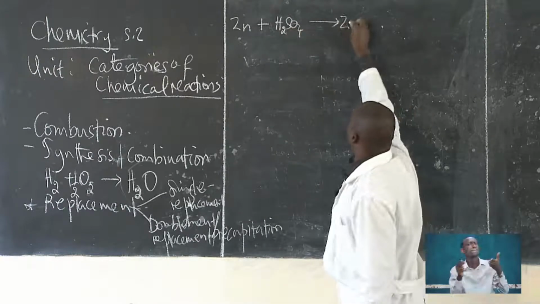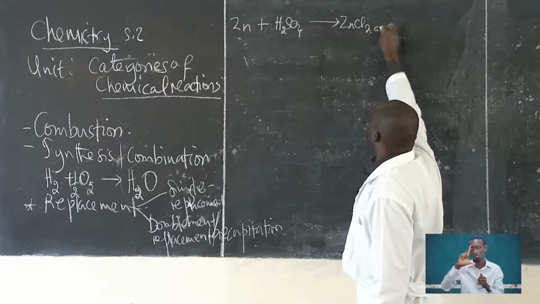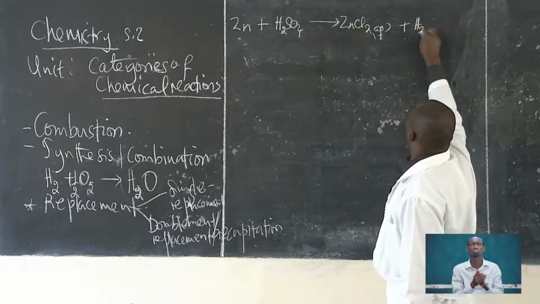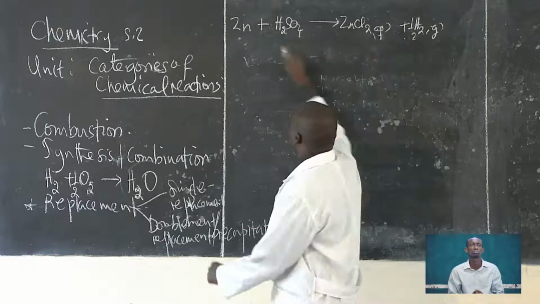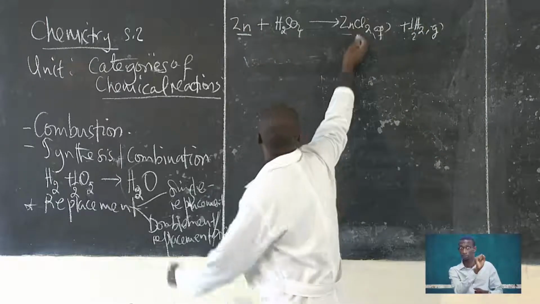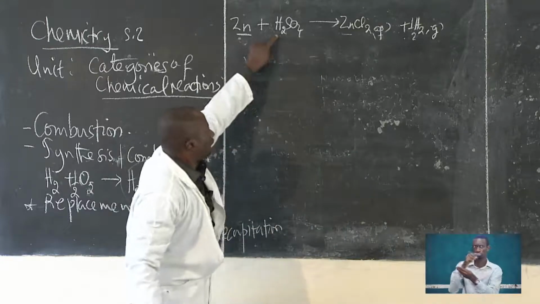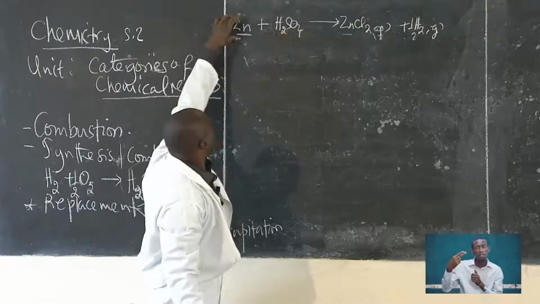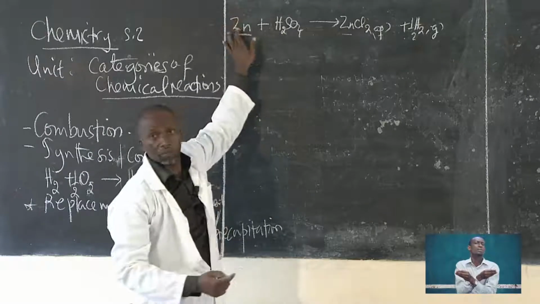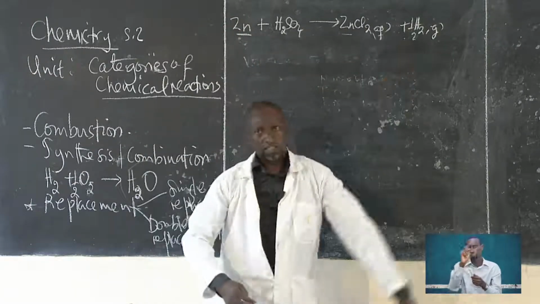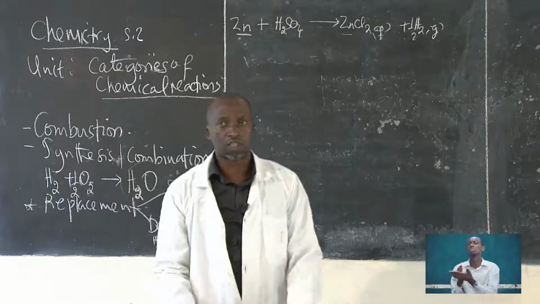We said we are forming a salt of zinc plus hydrogen gas. This hydrogen is displaced or replaced by the zinc metal. So this is one type of single replacement reaction.